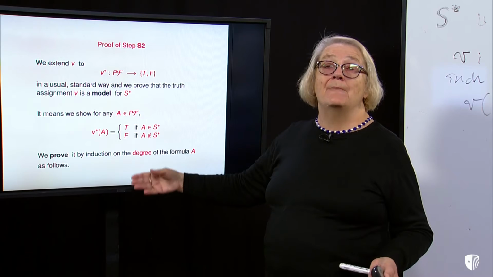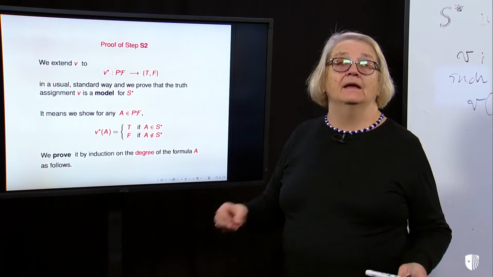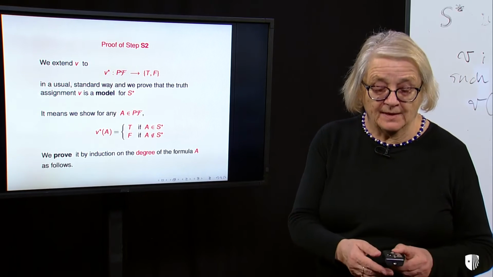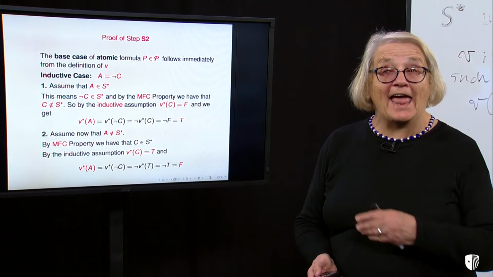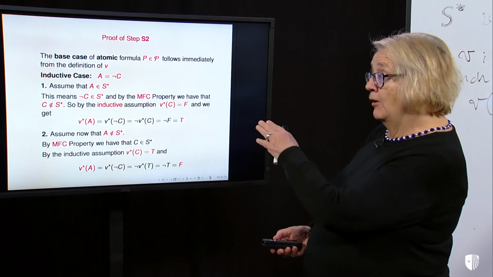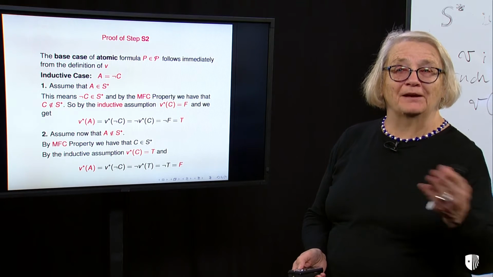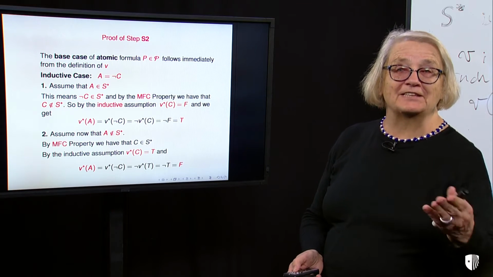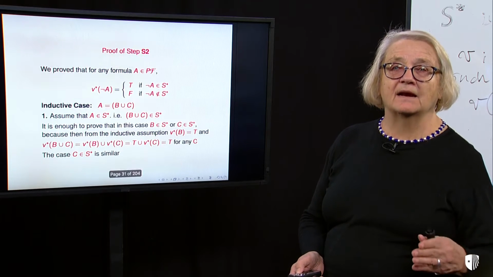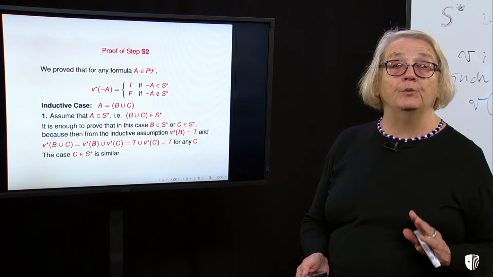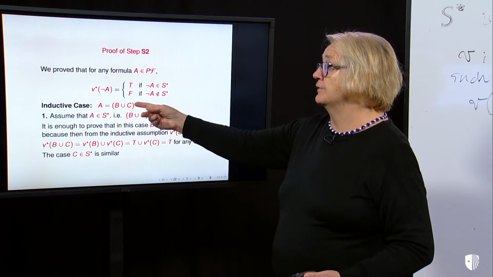We prove that by induction on the degree of the formula A, exactly the same as we did in chapter 5. I really copied that proof from chapter 5, so you can read one or the other. Instead of delta star, or delta, it is S and S star, so that is exactly the proof we already did, by induction over the degree of the formula.